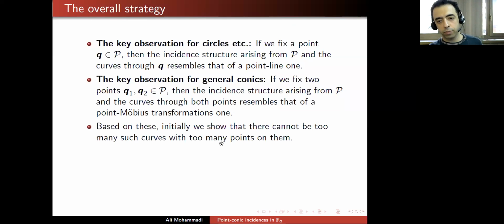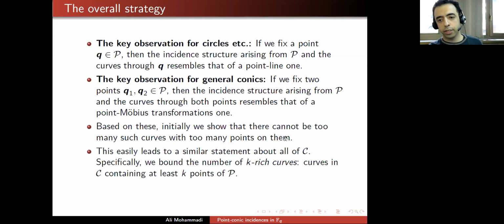So based on these observations, firstly, by appealing to the linear incidence problem theorems, you can see that there aren't too many curves passing through a single fixed point, or 2 fixed points, that have too many points on them. You can then easily go from this to information about all your curves.